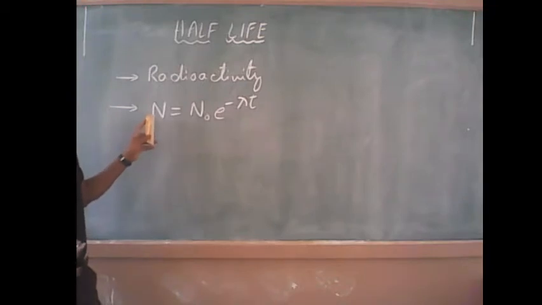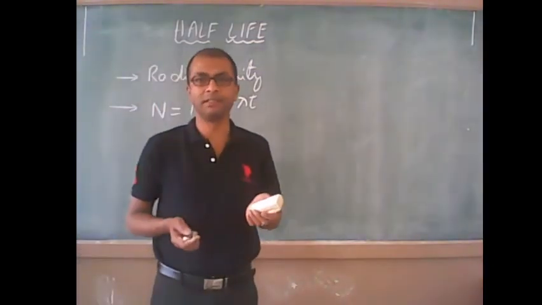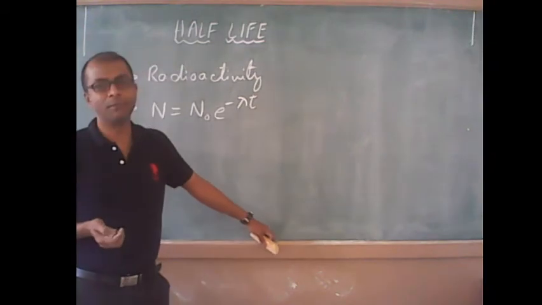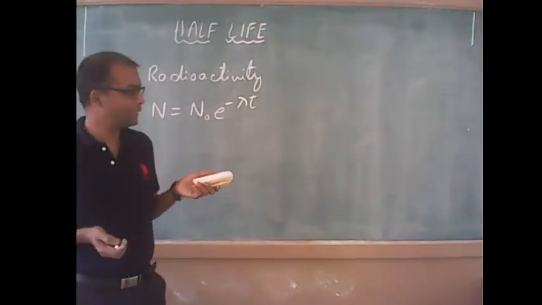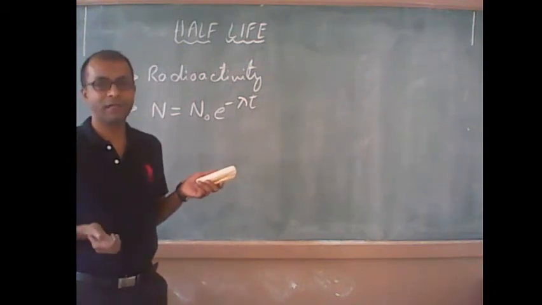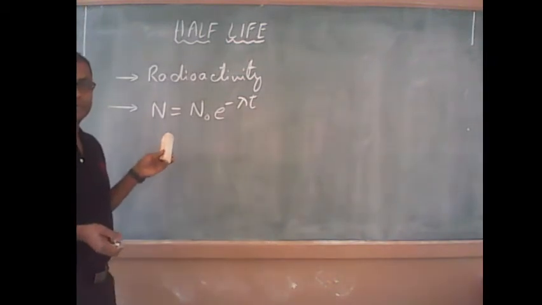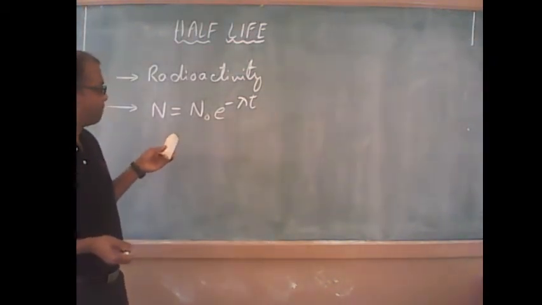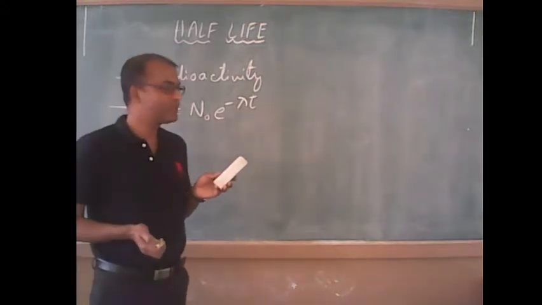And this is the mathematical form of the law of radioactive disintegration. This simply states that if I have a lump of radioactive element having a certain number of atoms and hence nuclei, the number of radioactive atoms or nuclei keeps on decreasing exponentially with time. That means the radioactive substance decays with time.